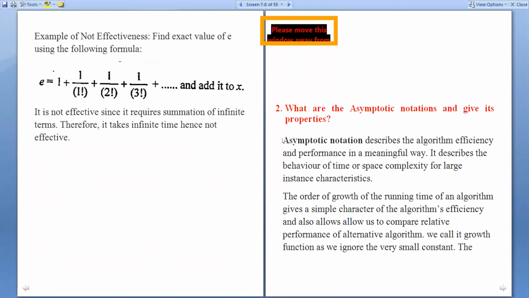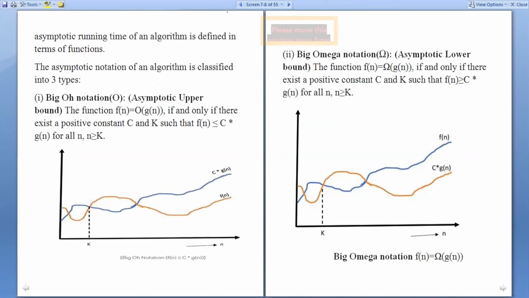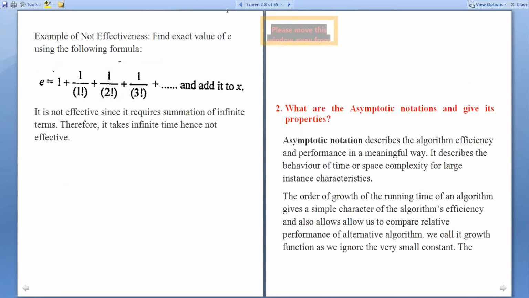Asymptotic notation describes the algorithm's efficiency and performance in a meaningful way.